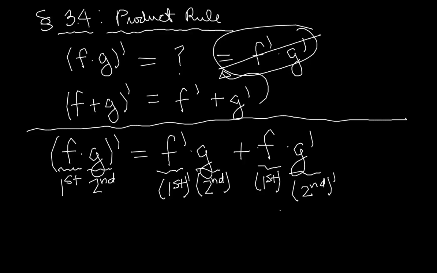So it's always derivative of the first, do nothing with the second, plus first times derivative of the second. And that's what the product rule is. So now we're just going to do a bunch of examples seeing how this rule applies. Let me just erase everything, but of course I'm going to rewrite that formula so we can all see it.